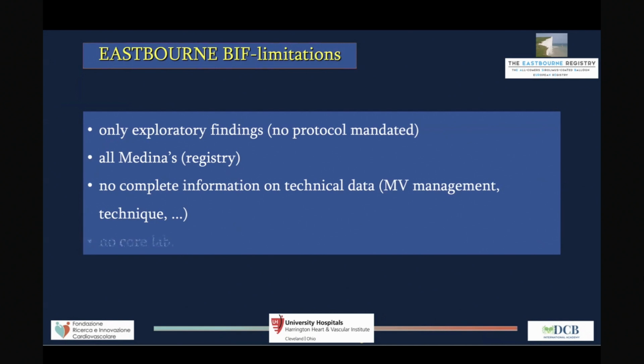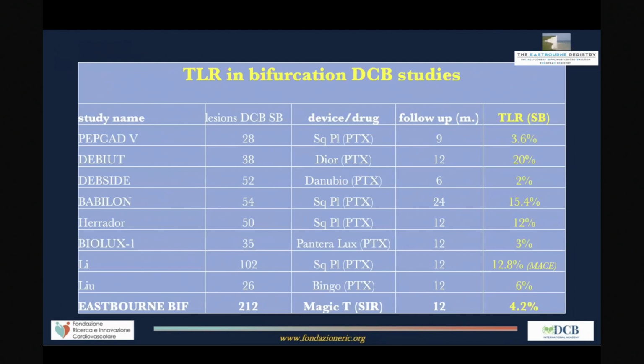We have little information about the technique, and we don't have a core lab. So several limitations for this study with exploratory findings. But as I said, I would like to put this into the context of the current management of bifurcation, and which can be the future lines of research for this.